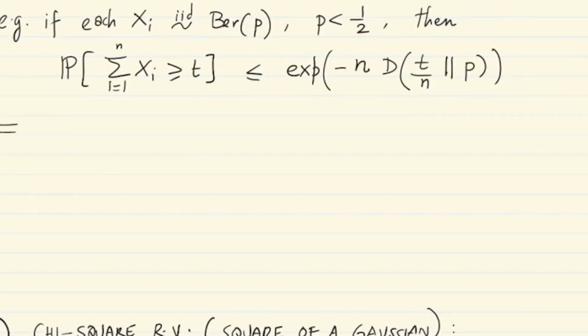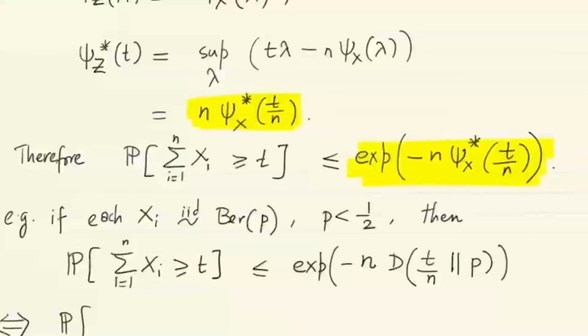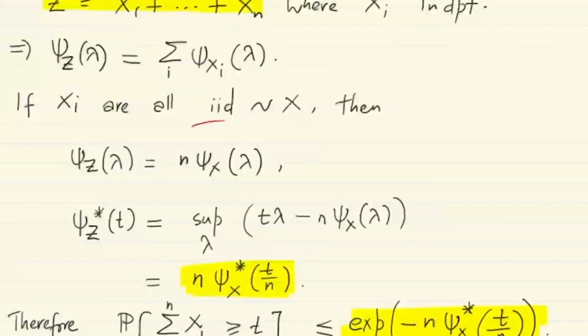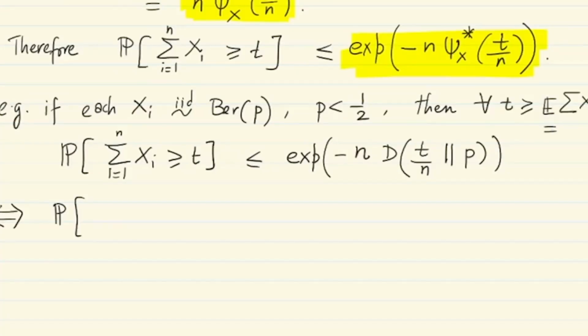So in other words, if you normalize, so this is by the way for t larger than or equal to the mean, larger than or equal to expected value of xi, which is equal to np in this case.